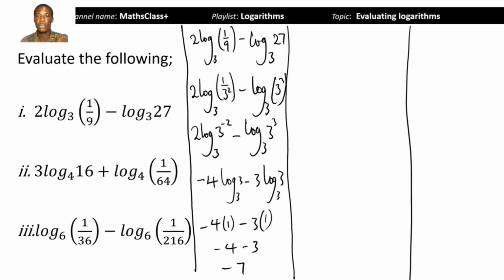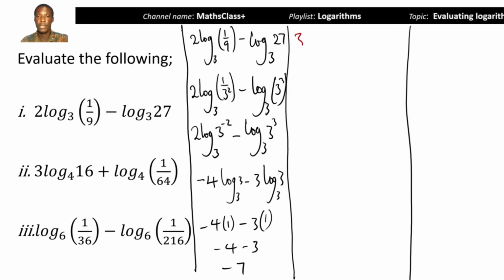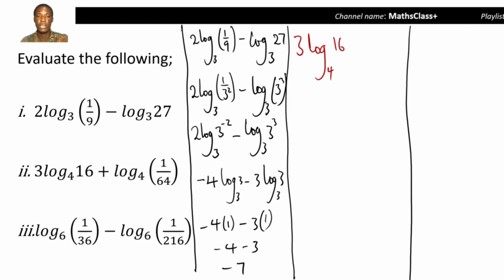The second one, we have it as 3 log to the base 4 of 16 plus log to the base 4 of a fraction with numerator 1 and denominator 64.